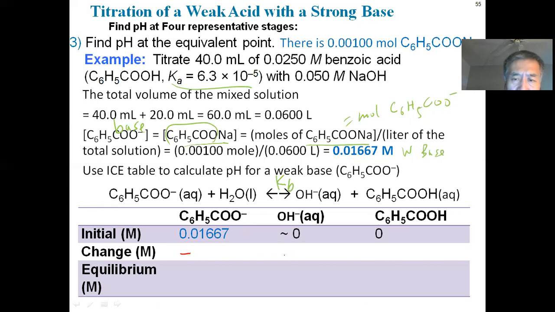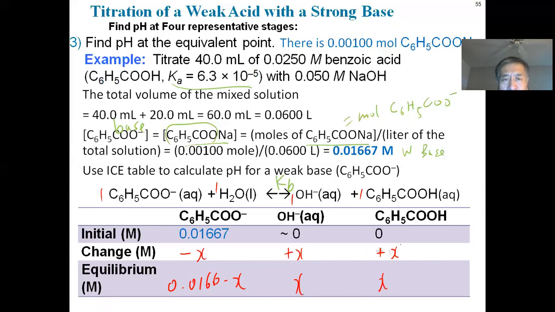The concentration here for the product will be plus and plus. So plus how much depends on the coefficient. So if you have coefficient 1, you will have 1x, either negative 1x or plus 1x. So they all have a coefficient 1, so therefore, they all have x. So therefore, this reactant at equilibrium will be the initial concentration minus the change, and this will become x and x.